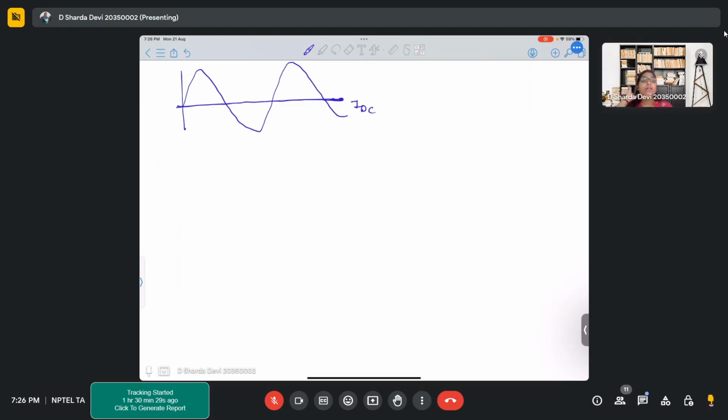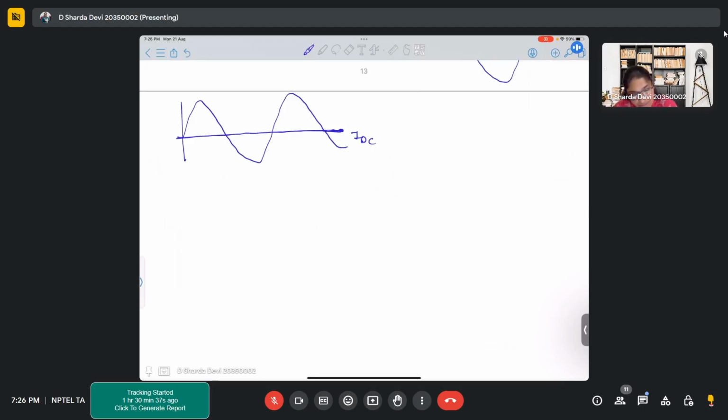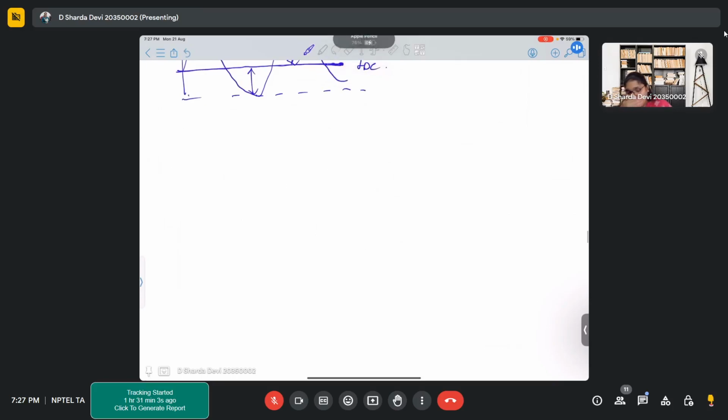So the maximum that we can go, if let's say it is IDC, the maximum is a value equal to the DC current, and the minimum, sorry.